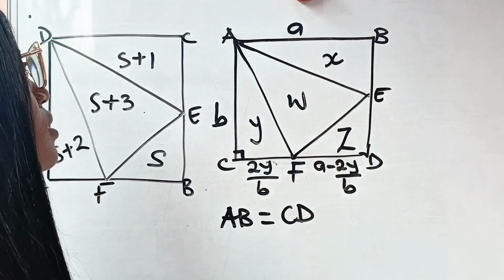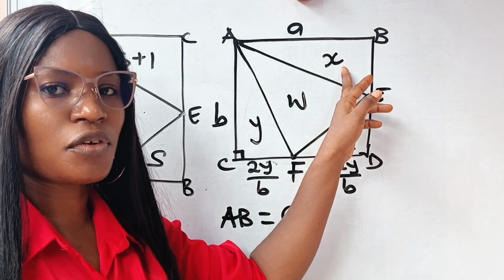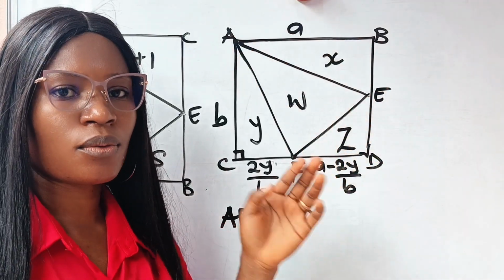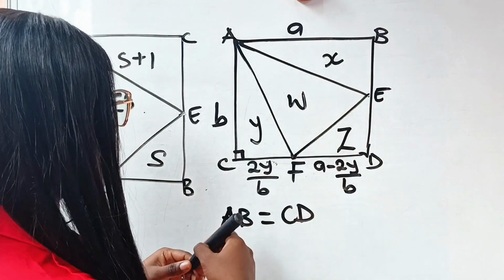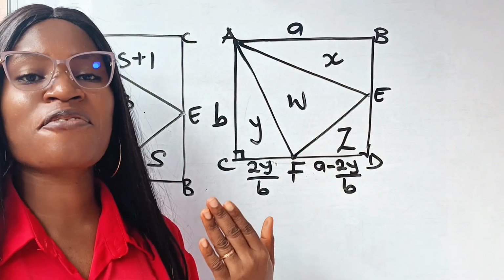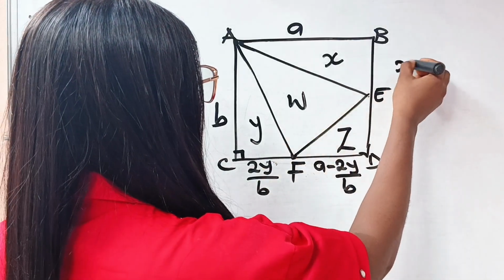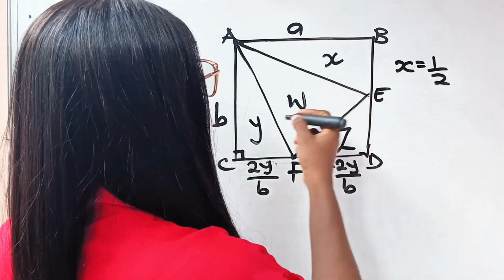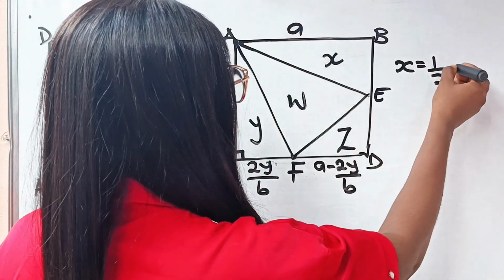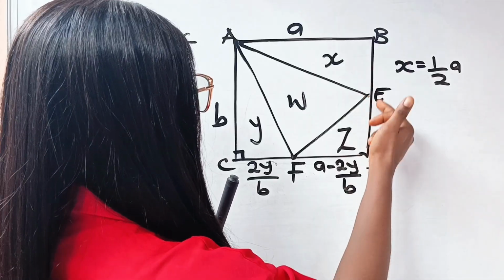Now, similarly, if you look at x, x is the area of this particular triangle. Using the area of a triangle, the area, which is x, is half multiplied by the base, and the base is this A, multiplied by the height. The height is this particular place, BE.